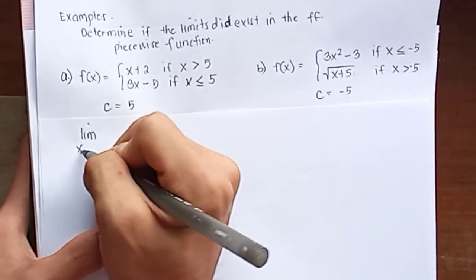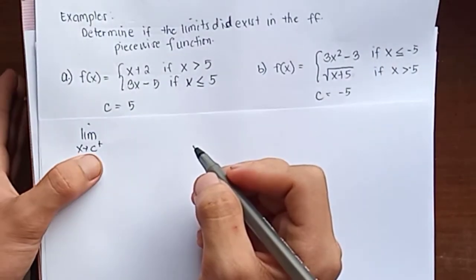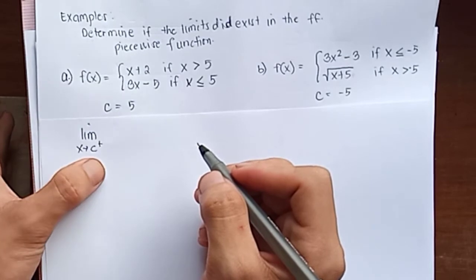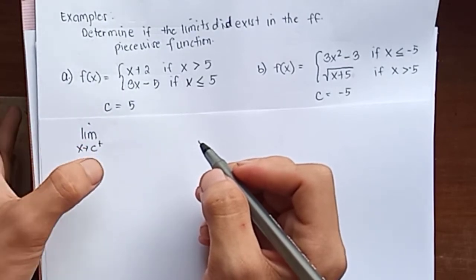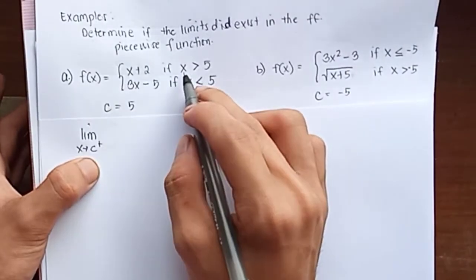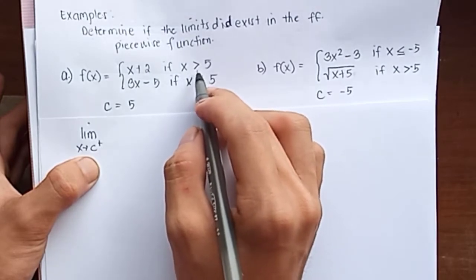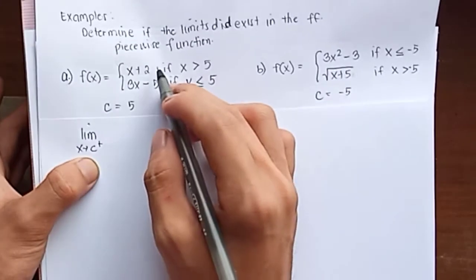The limit as x approaches from the right of C. So, from the right of C, alin nga ba ang function na from the right of 5? That is greater than 5. Titingnan nyo kapag from the right, yung greater than 5. So, ibig sabihin, ang gagamitin po function ay x plus 2.